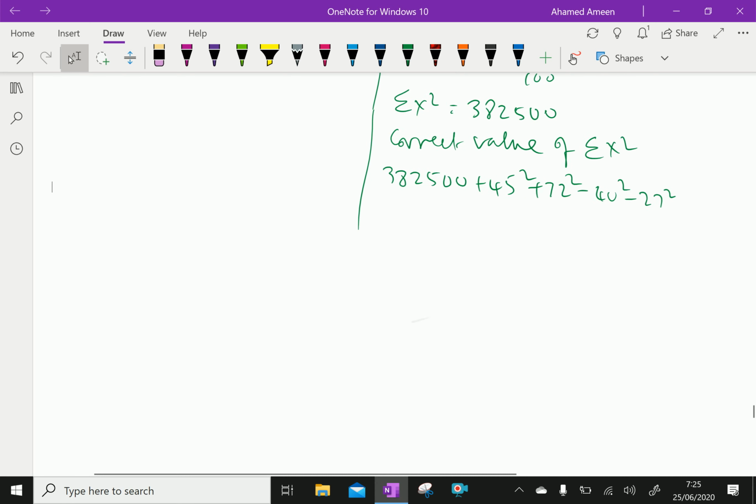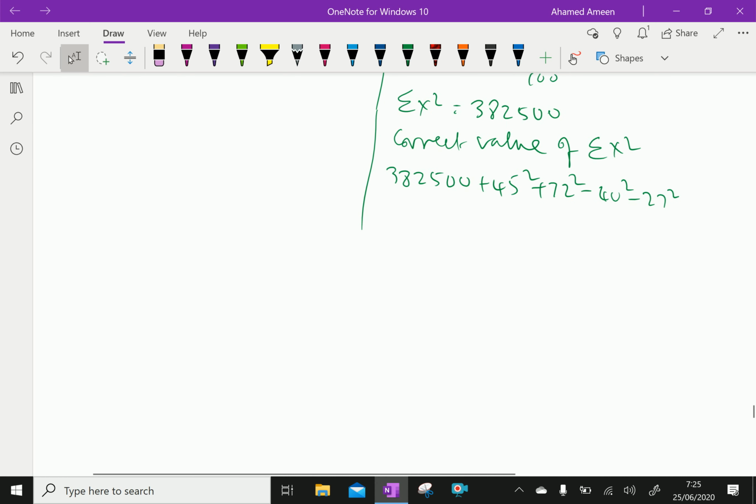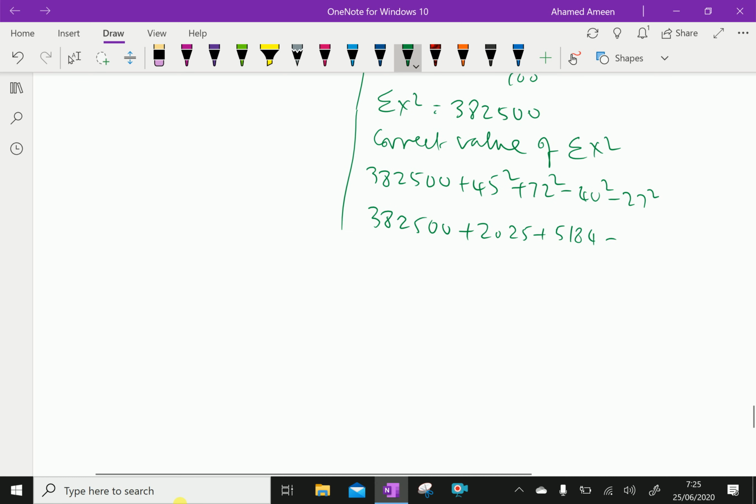Now, which is 382500 plus 45 square, which is 2025, 72 square is 5184, minus 40 square, which is 1600, minus 27 square, which is 729.